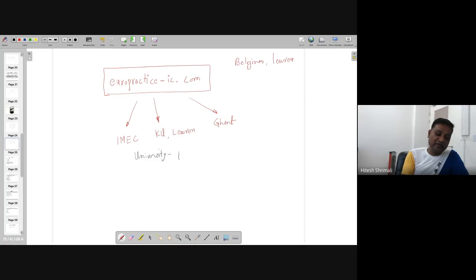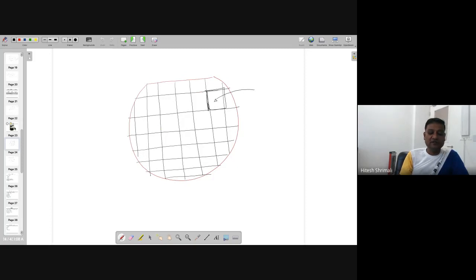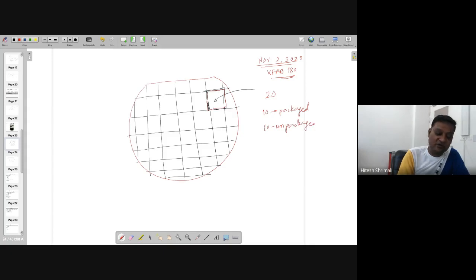They have a run schedule, and they say that on this particular wafer, on so and so date, let's say November 2, for XFAB 180 nanometer technology, you can have 20 such square boxes, out of which 10 will be packaged and 10 will be unpackaged. By the way, packaged and unpackaged are as follows. Packaged means, you must have seen such kind of thing.